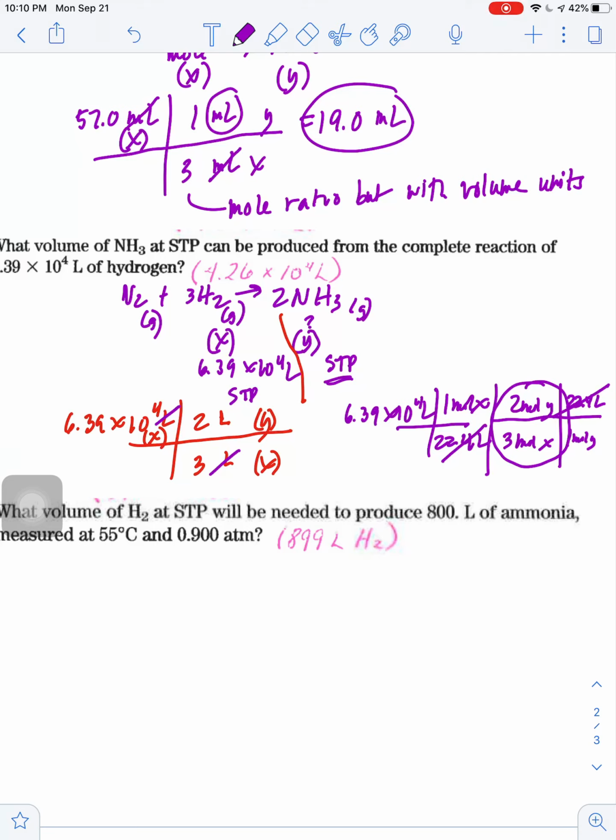And so I just need to take 6.39 E4 times 2 divided by 3, which is 42,600 liters. I wanted to have 3 significant digits, so they actually converted it up here at the answer to be in scientific notation.